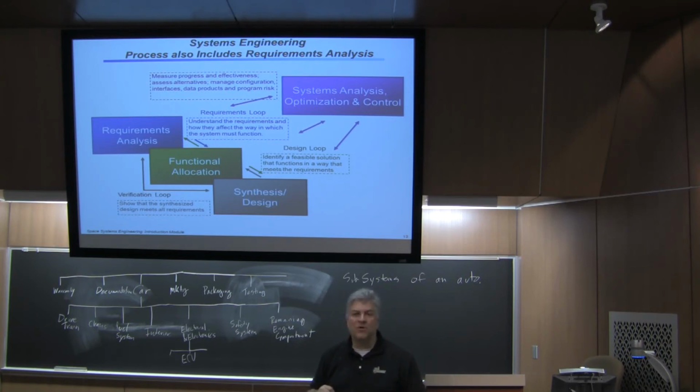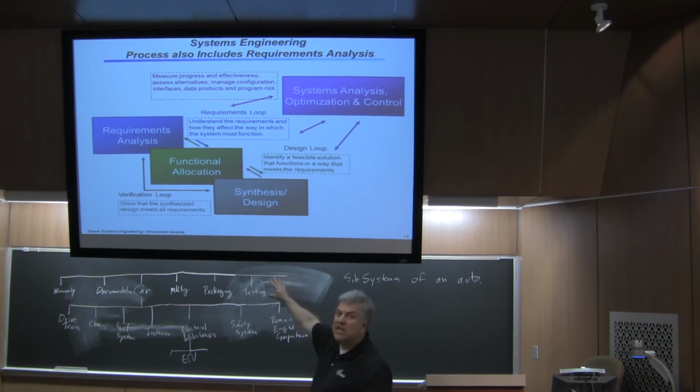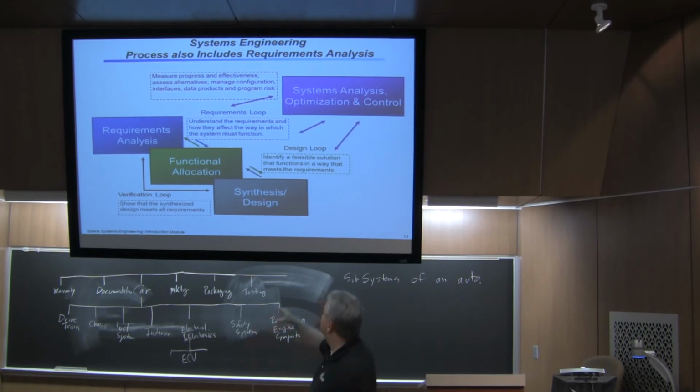I bet there's a lot more that you could come up with. So part of what system engineering does is identify the requirements in the first place, verify that that's what you want to do, allocate each requirement to a different subsystem, and then synthesize and design everything associated with each of the subsystems so that it builds up a larger system.